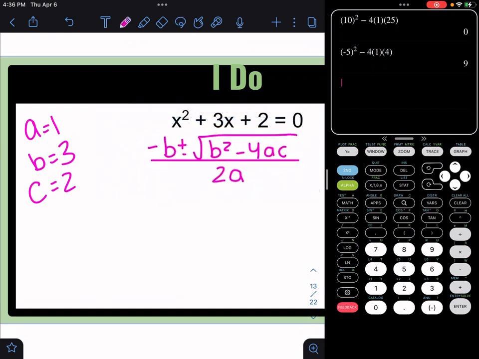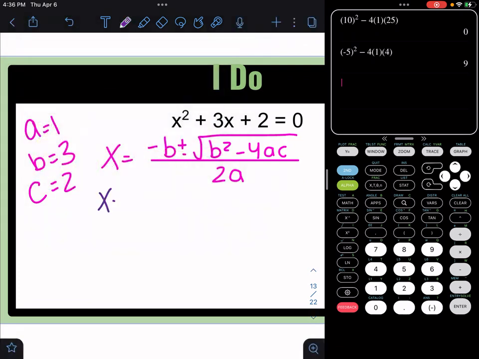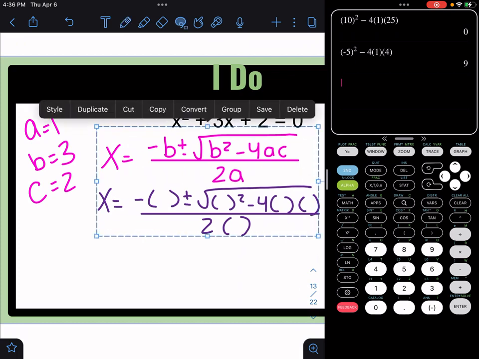So x is equal to negative, then I'm going to put whatever b is, plus or minus the square root of whatever b is, squared, minus 4, whatever a is, whatever c is, all over 2, whatever a is. Alright, I'm going to copy this part because this is what I'm going to use for every single formula today.